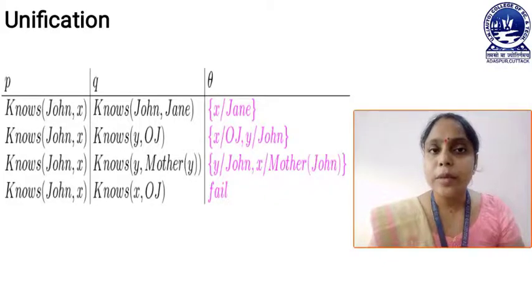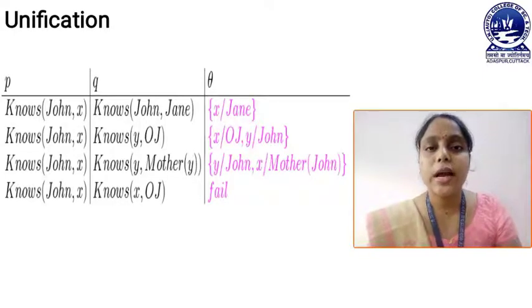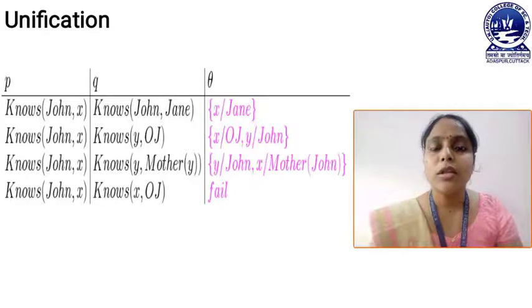That means in place of x we substitute the value z. When we substitute z, then P and Q are identical. That means the unification uses the substitution to make P and Q identical, and the substitution is x replaced by z.